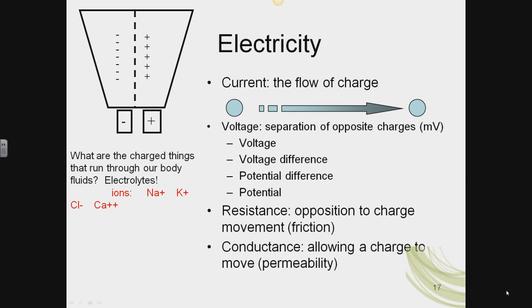Instead of street lights, they have proteins with channels, and the channels can be closed or open. Red light, resistance, no conductance, can't move. Green light, open, can move, and the substance will move from one side of the cell membrane to the other. And when the substance that moves has charge, you now have an electrical current.